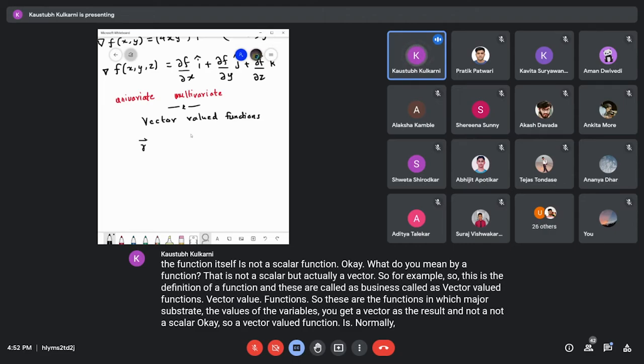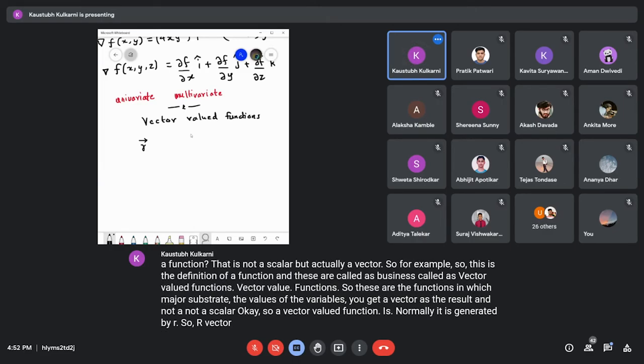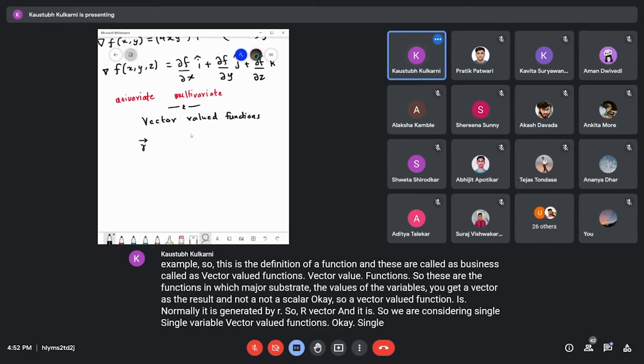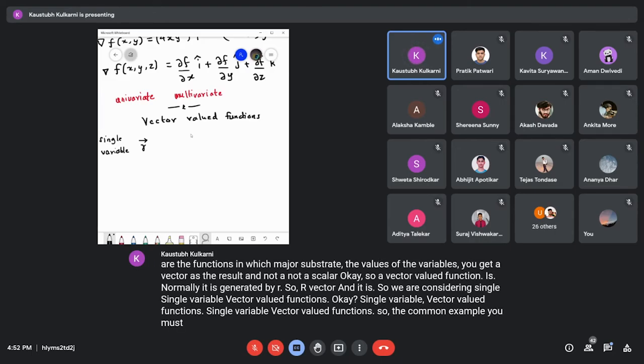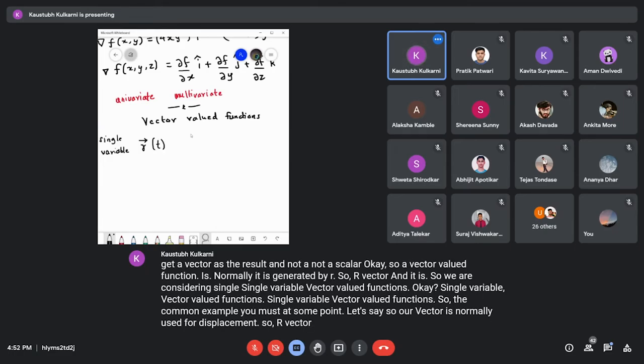Okay. So a vector valued function is normally denoted by r vector, and we are considering single variable vector valued functions. So the common example, you must have studied physics at some point. Let's say r vector is normally used for displacement. So r vector as a function of time.